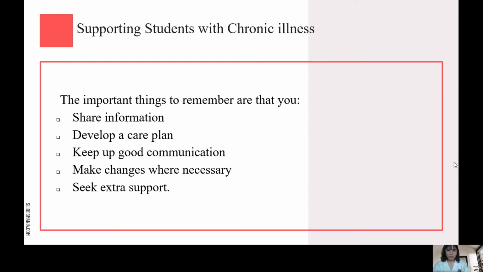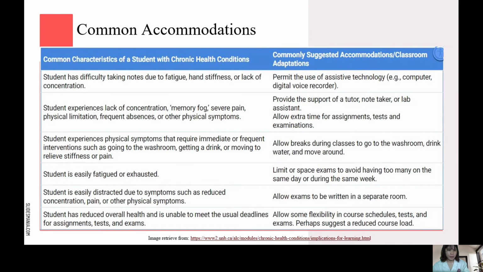Next is the importance of common accommodations. The following accommodations in classroom adaptation are suggested, but not comprehensive or exhaustive. Other accommodations may be implemented based on individual needs, because students have differences, and each student as recommended by your campus or other school disability services office or other professionals.